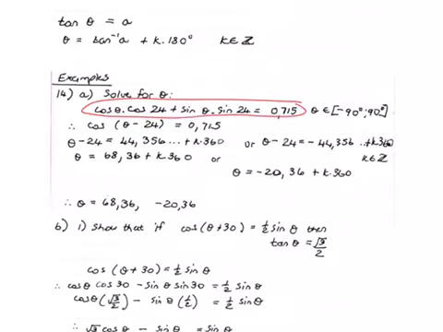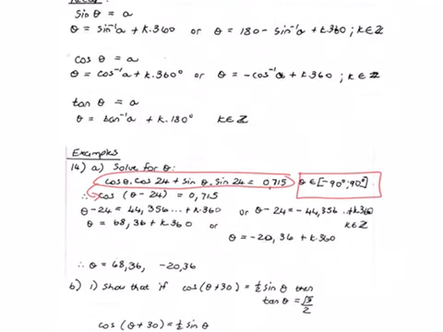Solve for theta if cos theta cos 24 plus sine theta sine 24 is equal to 0,715, and they've given you an interval restriction between -90 and 90. So the first thing is to recognize that this is the cos compound angle, and then we're left with cos angle equals number. So then we can go back here. Cos angle equals number is equal to positive or negative cos plus K360.